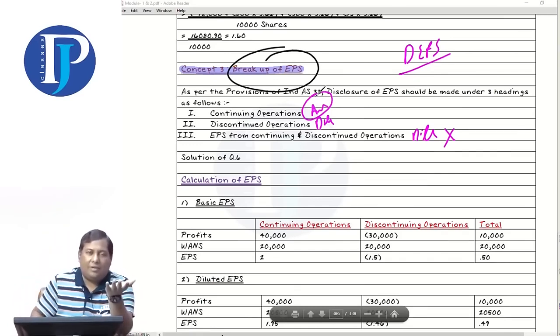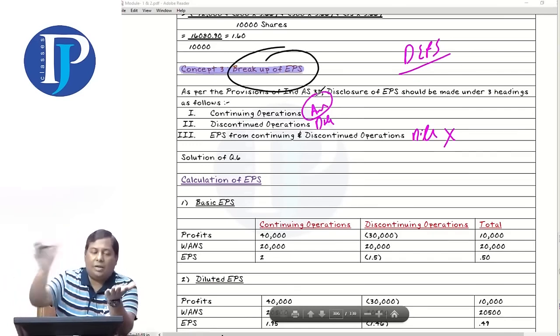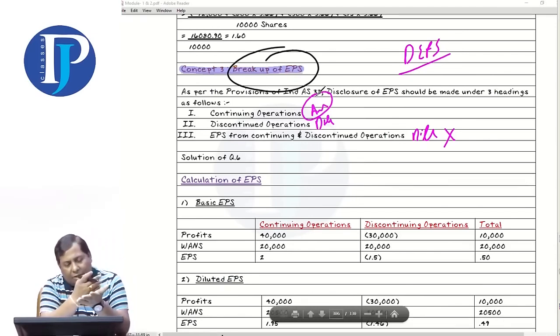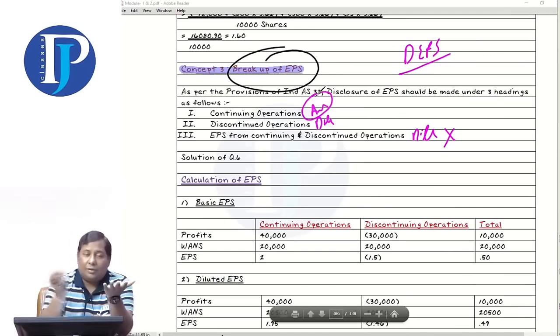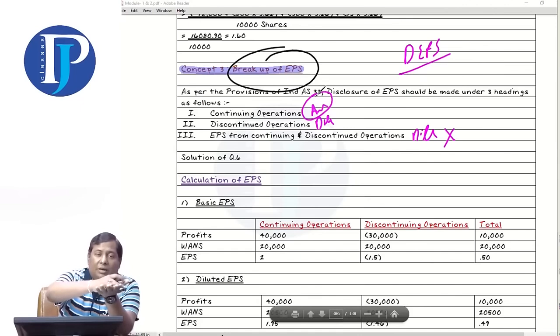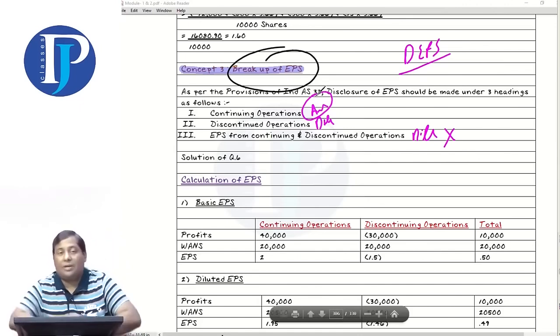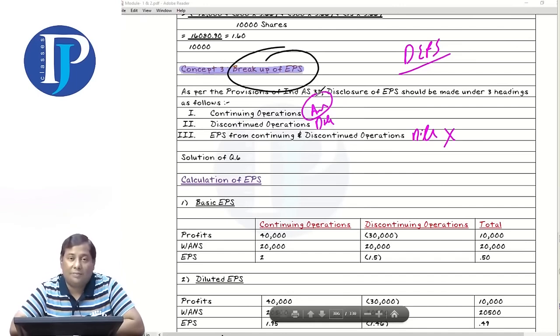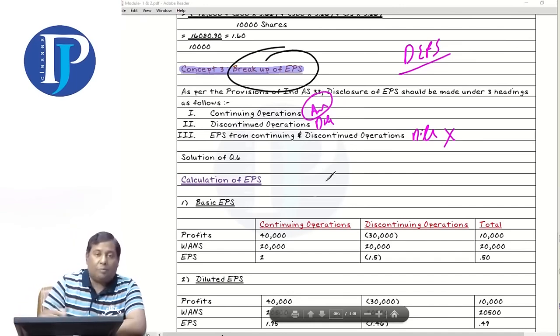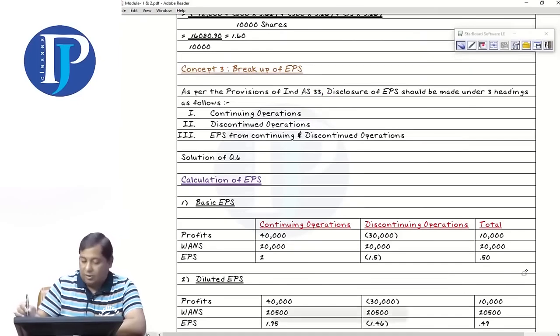If continuing is dilutive and discontinued's impact makes it anti-dilutive, it doesn't matter. Its disclosure will be anti-dilutive. If your continuing which is anti-dilutive gets impacted and becomes dilutive, it won't be disclosed because the report of diluted EPS will be based on continuing. I told you all about this. Just wait, I'll show you.